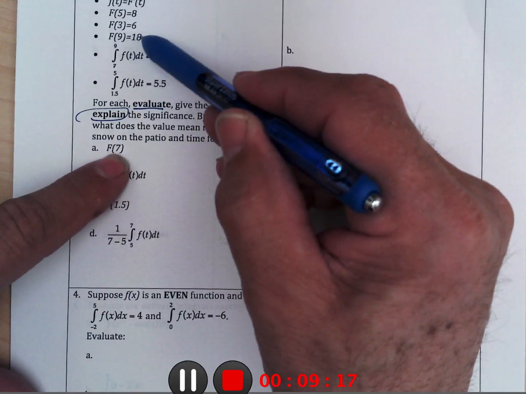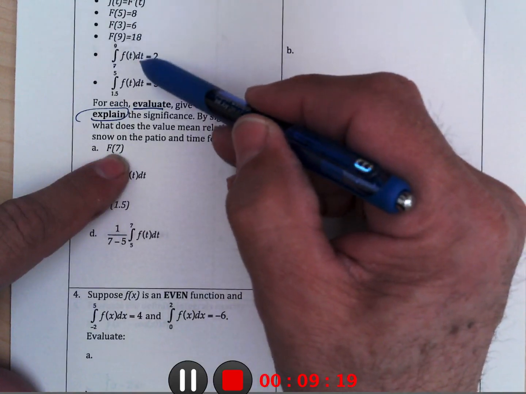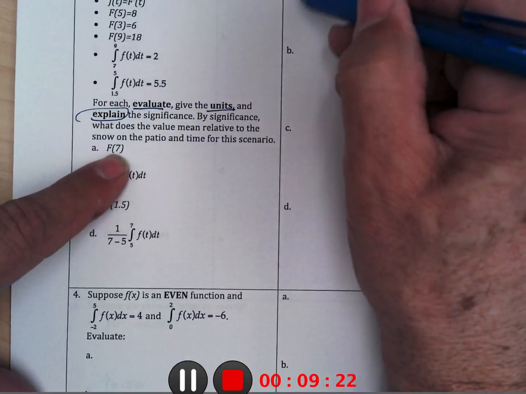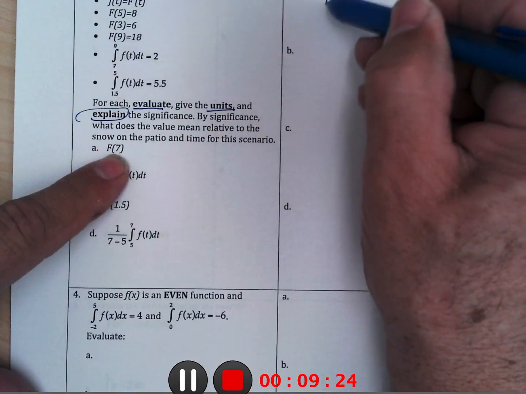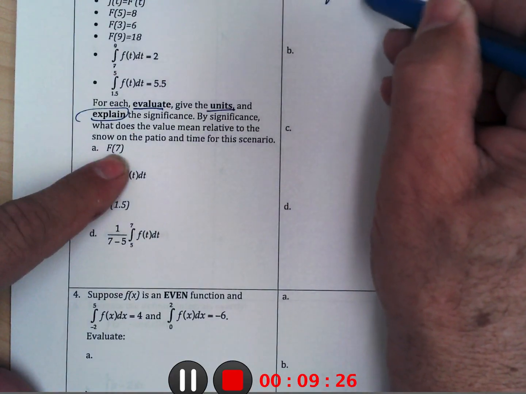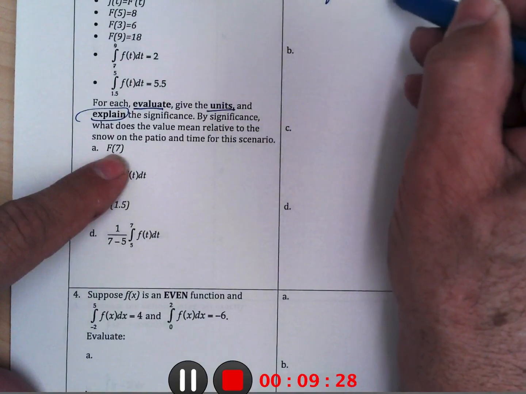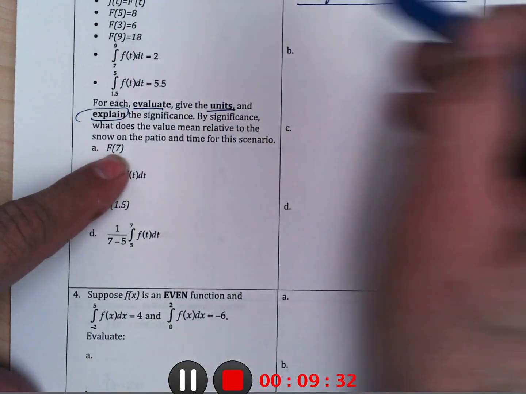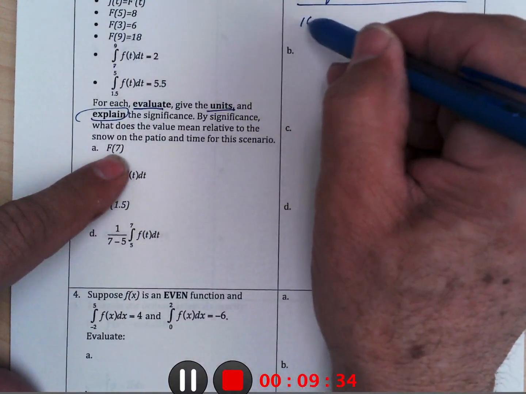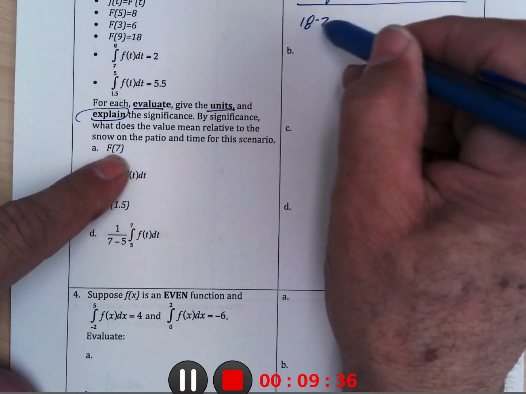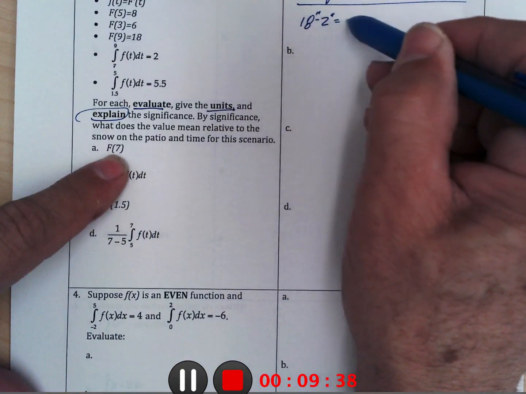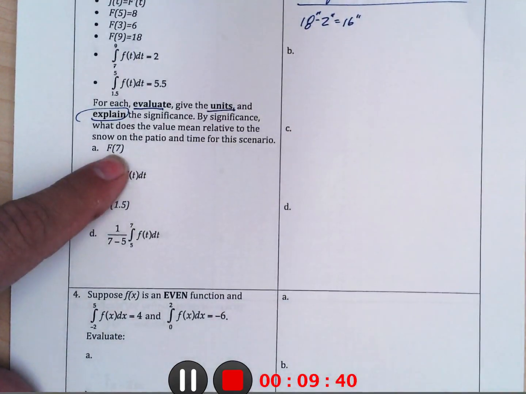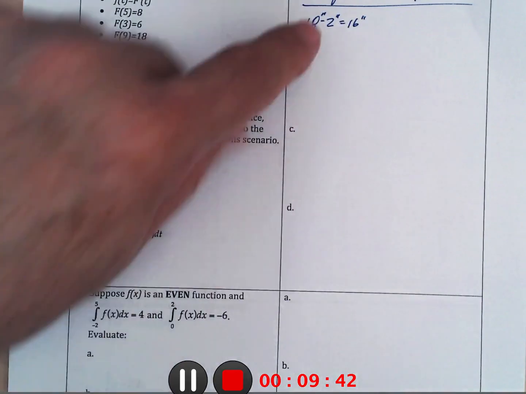So if we back off the 2 inches, there would have been 16 inches of snow at 7 p.m. And you can write in the 18 minus 2 if you want.